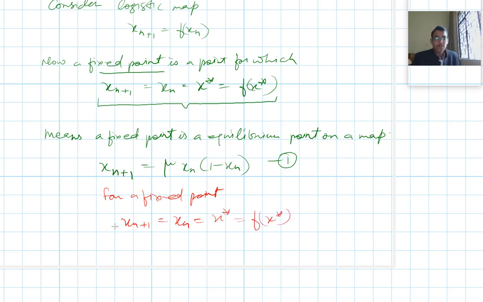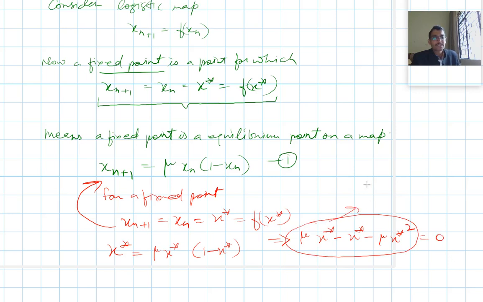So if I put these values here, then x* must be equal to mu x* (1 - x*), and this can also be written as mu x* - x* - mu x*^2 = 0. Let us call it f(x), and let us call it equation number A. We will need this equation later on, so I will talk about it later.